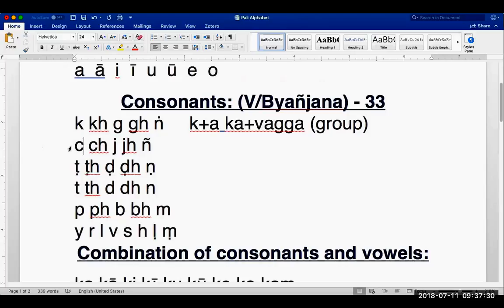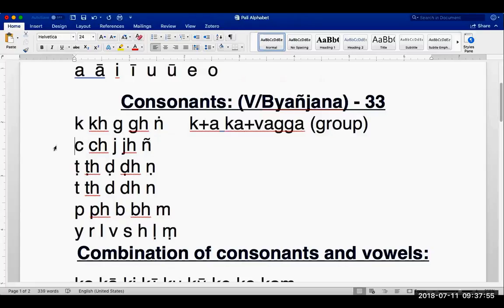This one is k and this one is ch. When you say k, you see your guttural area vibrates, and here we use the middle of the tongue. The middle of the tongue touches the upper palate.